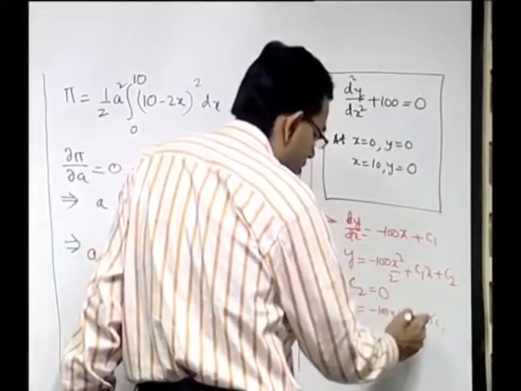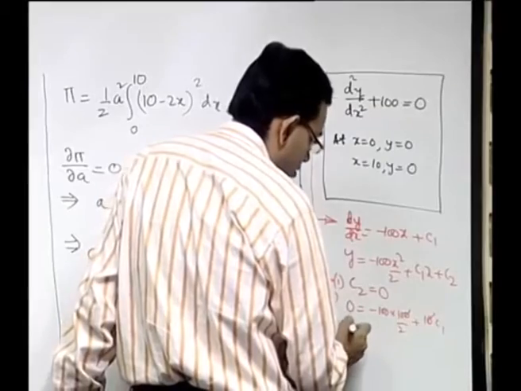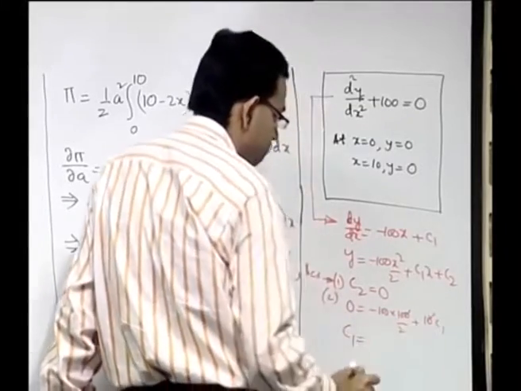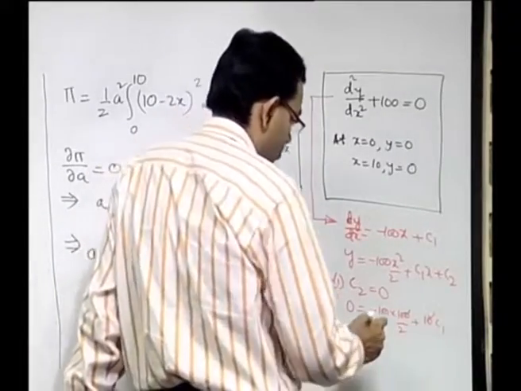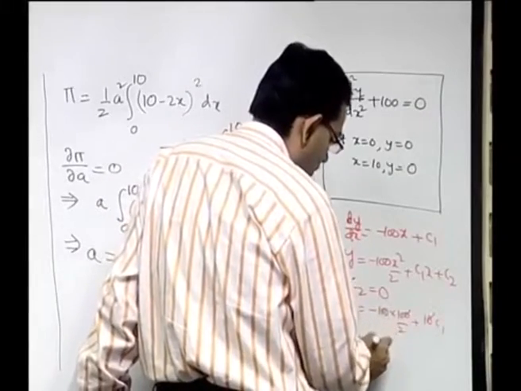So, you can cancel one 10 here. So, c1 is 500.